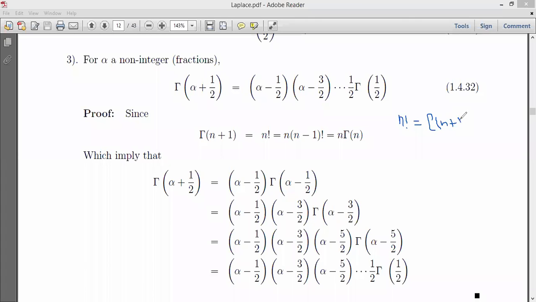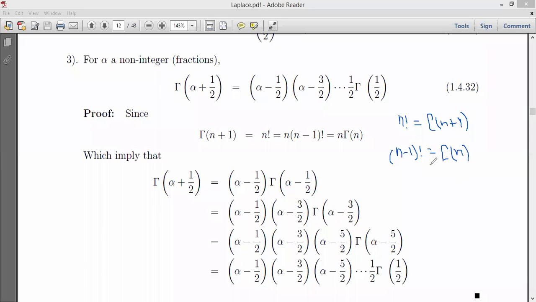Okay, this was n plus 1. Then I said if you wanted to know n minus 1 factorial, n minus 1 factorial would simply give you gamma of n minus 1 plus 1.